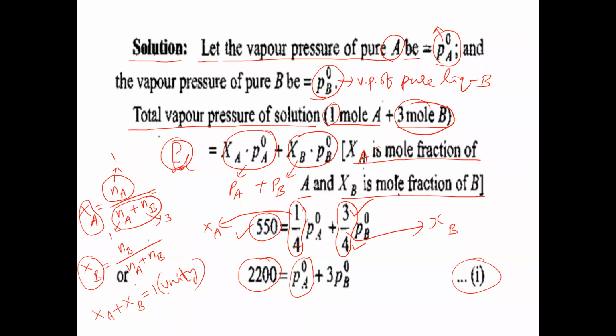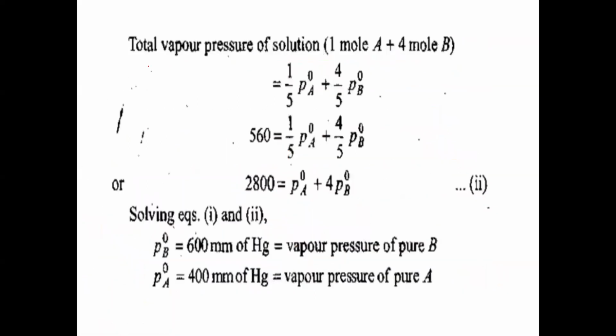Now take a screenshot. Next, the total vapor pressure of the solution if you take 1 mole of A and 4 moles of B. Initially we took 3 moles of B, and 1 mole of B is added extra.